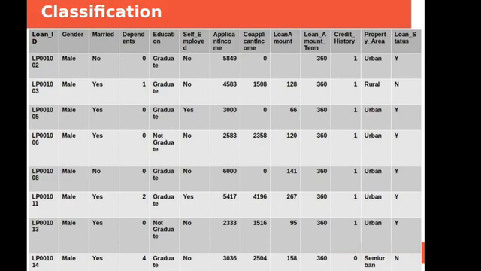So based on these attributes, the loan status is the category or your target variable, that is, whether the person was granted the loan or not.